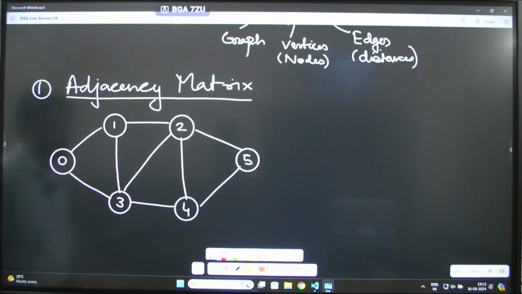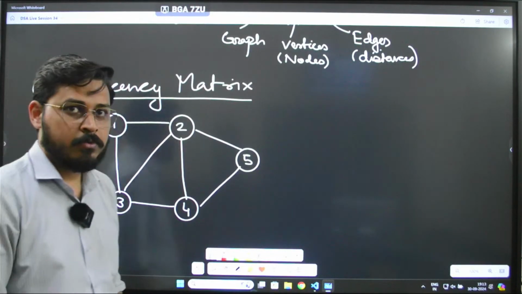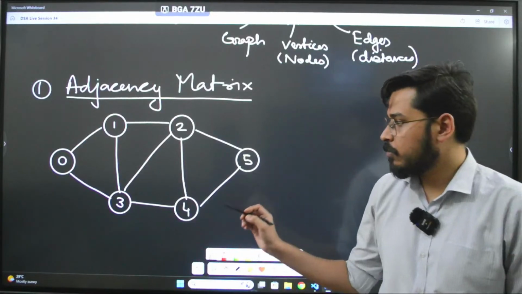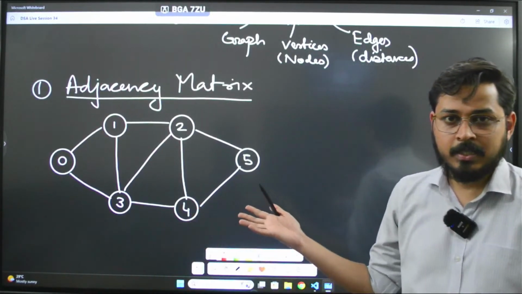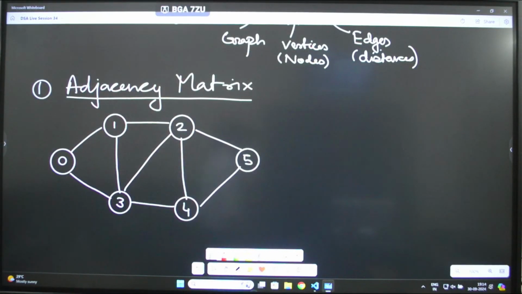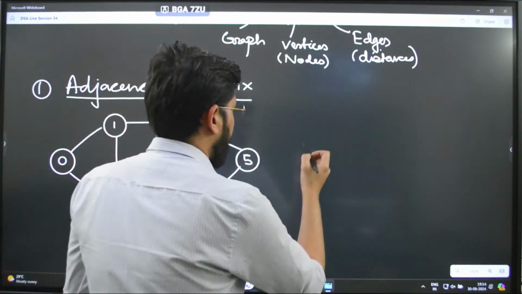Now I have named the nodes like this. Suppose this is the graph. Now if I say that you need to tell me the adjacency matrix representation of this graph, then what would it be?